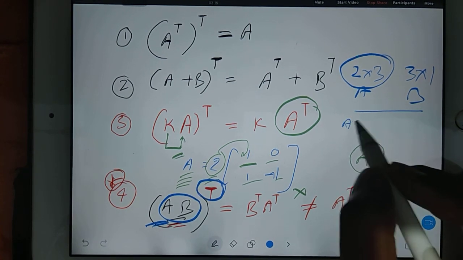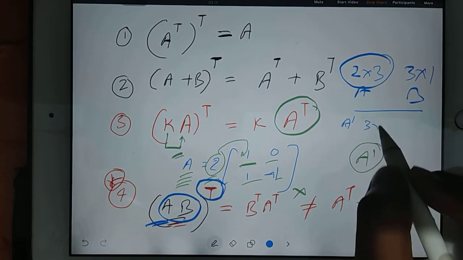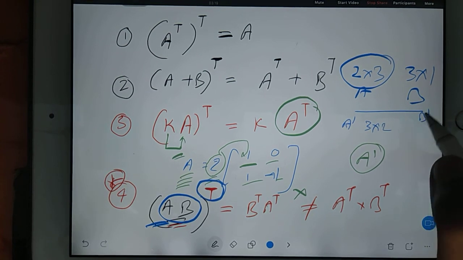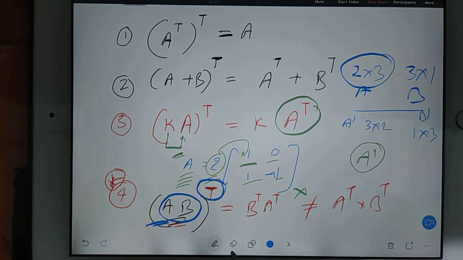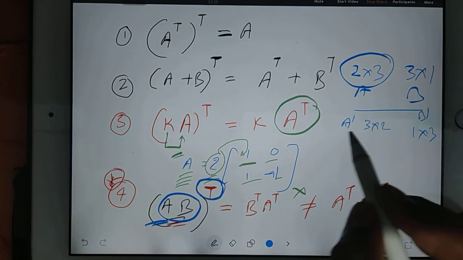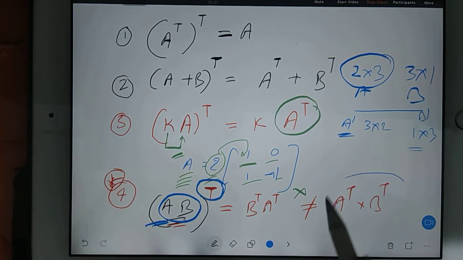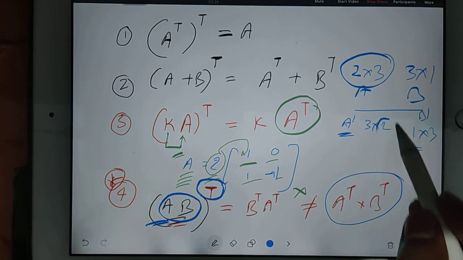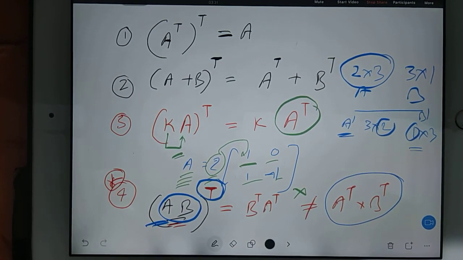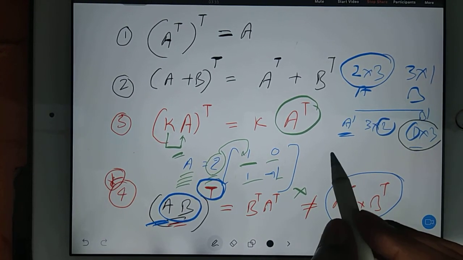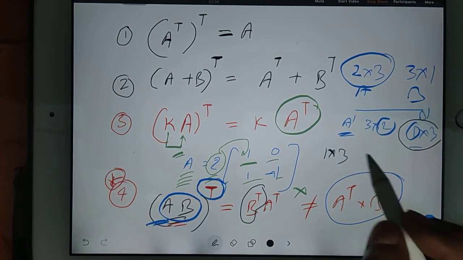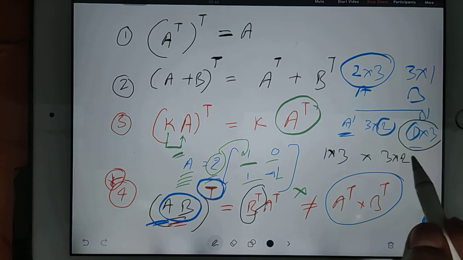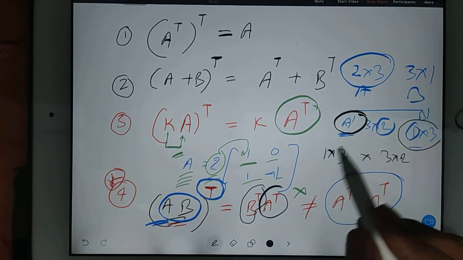For A transpose, the order will be 3 into 2, and for B transpose, the order will be 1 into 3. Then you cannot multiply A transpose and B transpose because 2 and 1 are not matching. But if you take this 1 cross 3, which is B transpose, first, and then write 3 cross 2, which is A transpose, then it is possible, because 3 and 3 are matching.